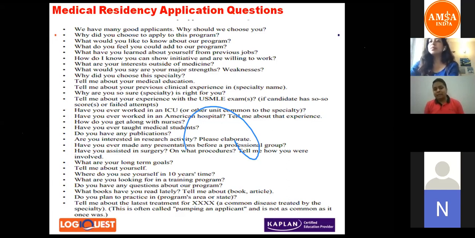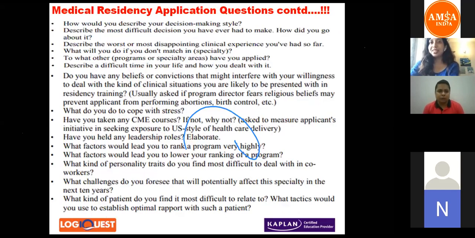Tell me about the latest treatment. So they might give you any particular disease and ask, okay, fine, how do you treat this particular patient? So that's fine. I'm sure you'll be able to answer that question. How would you describe your decision-making style? Now, again, very important question.